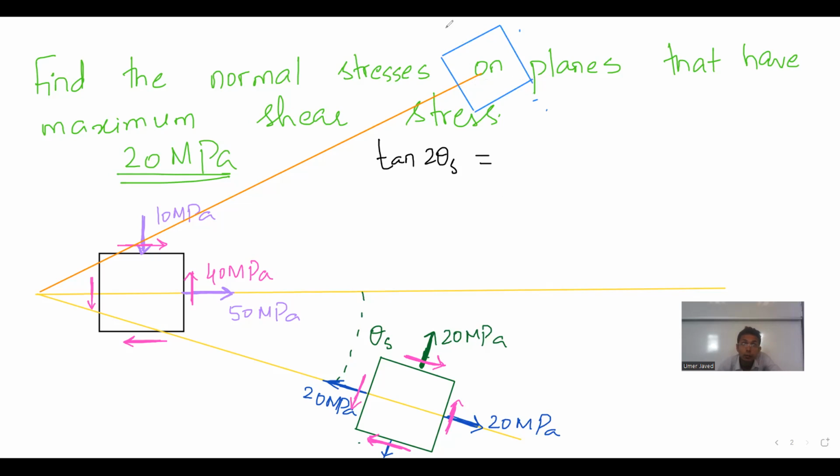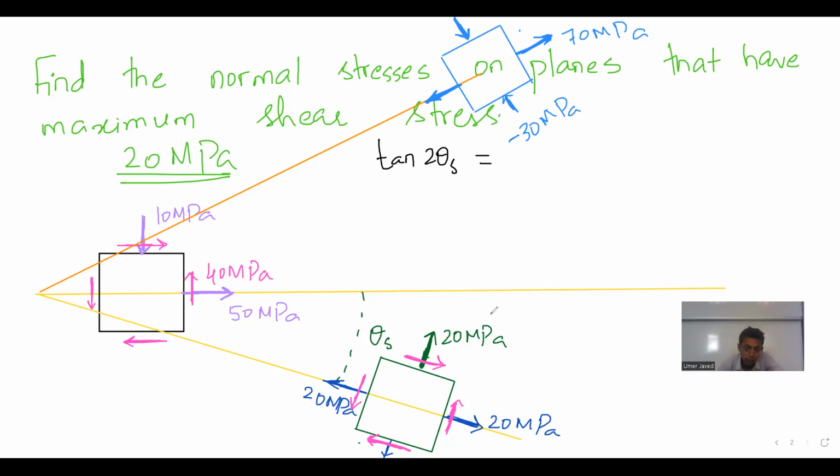This is negative 30 megapascals. This is 70 megapascals. This is 70 megapascals. And this is negative 30 megapascals. Why 70 and minus 30?